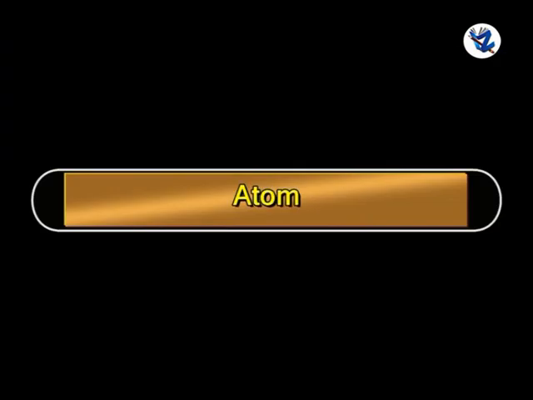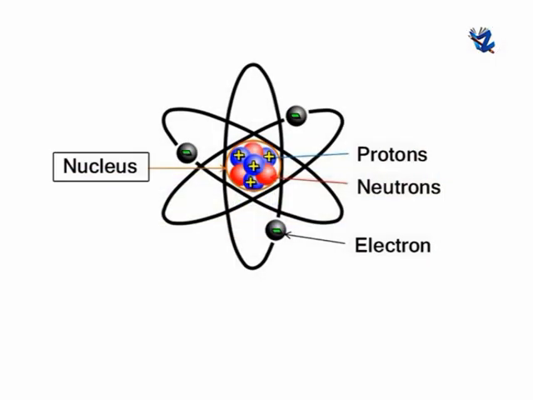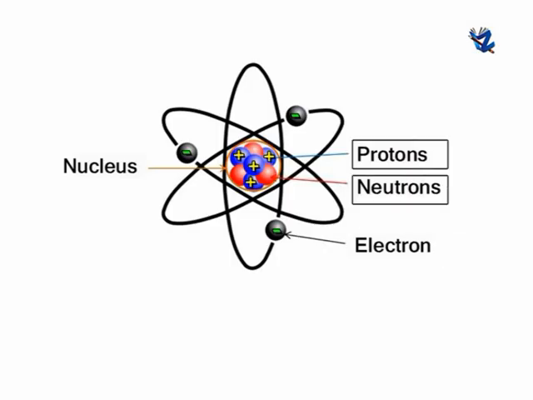Then, atom, size, mass and valency. We know that at the center of an atom is the nucleus and that there are moving electrons in the extranuclear part. The electrons are negatively charged elementary particles, while the elementary particles that make up the nucleus are positively charged protons and electrically neutral neutrons.